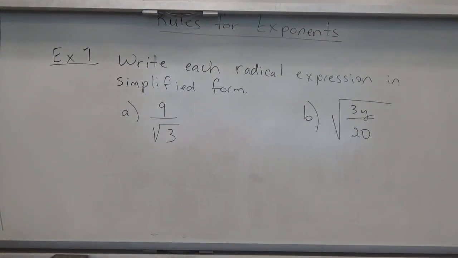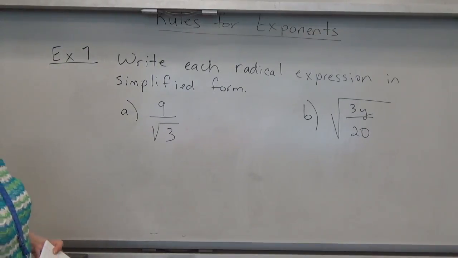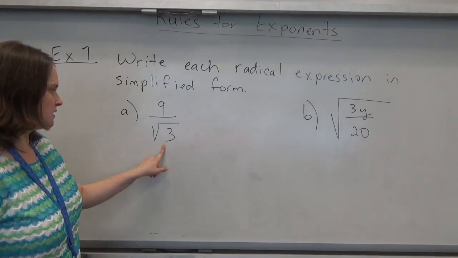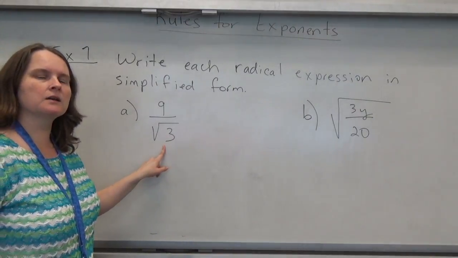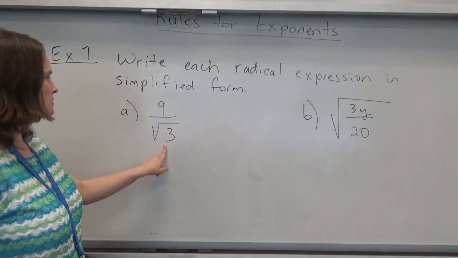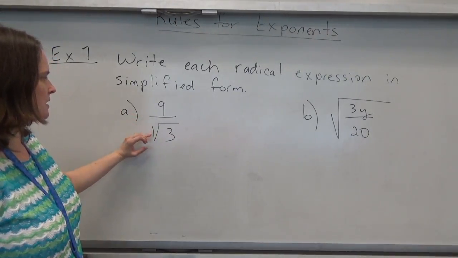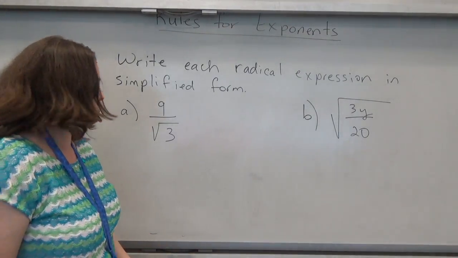For example 7, we're asked to write each radical expression in simplified form. Part A, we're going to do 9 over the square root of 3. So we know that we do not need to have that square root left in our denominator. How can we eliminate a square root from this denominator without changing the original value of the fraction?